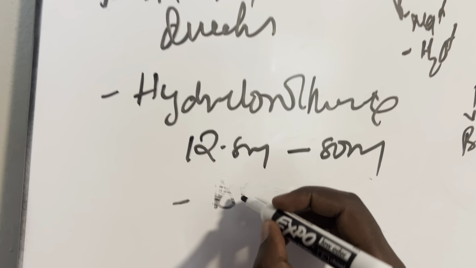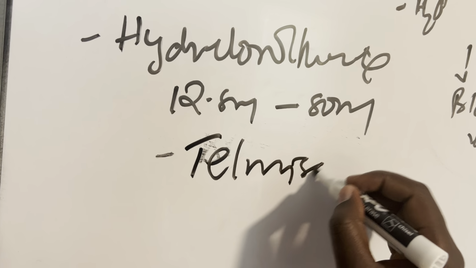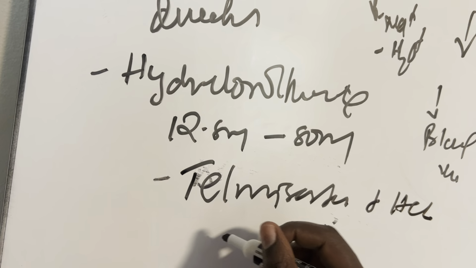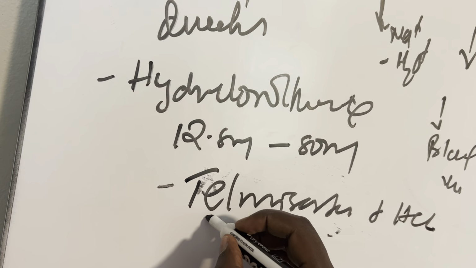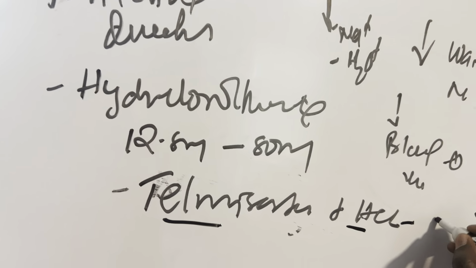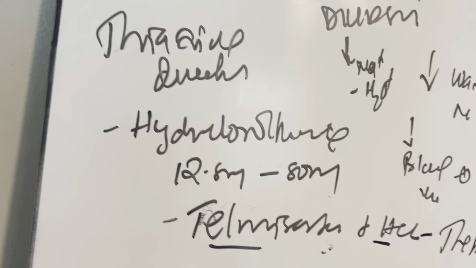For example, there is a combination of telmisartan plus hydrochlorothiazide. This is an angiotensin 2 blocker plus a thiazide, commonly known as Telma H.